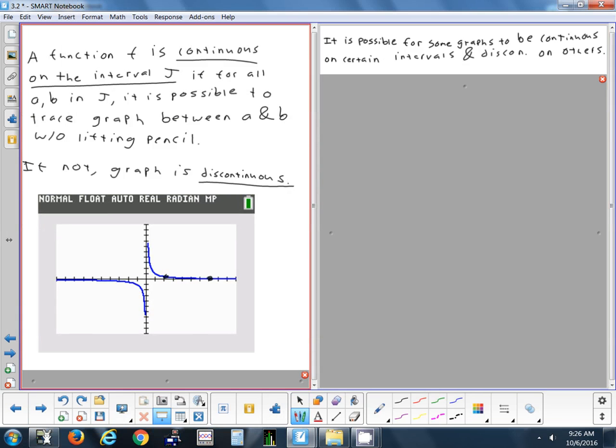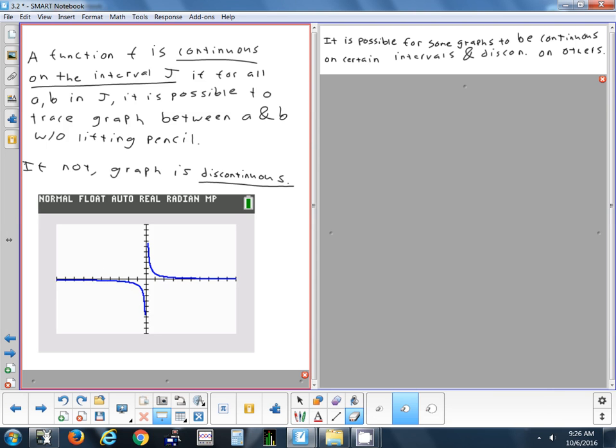So from those 2 black dots, it is continuous. If you asked me to trace from here to here, that's continuous. From here to here, here to here. Tons of intervals where it's continuous. There's also a ton of intervals where it's discontinuous.